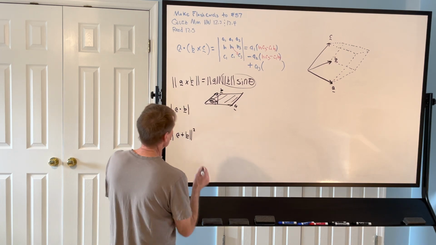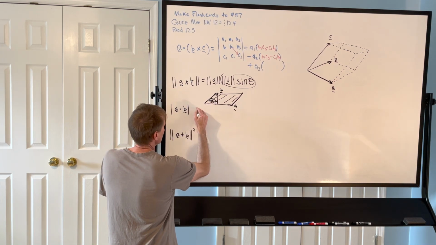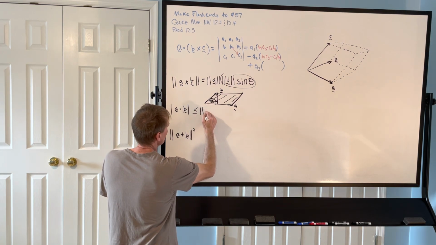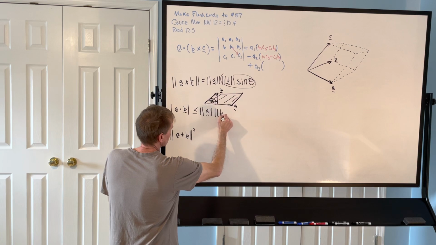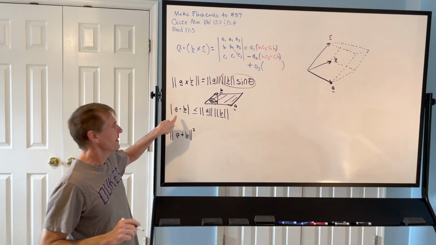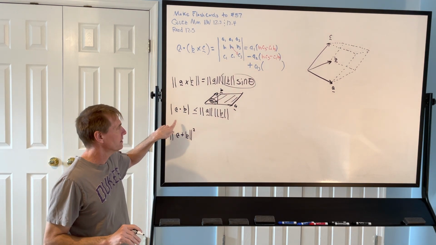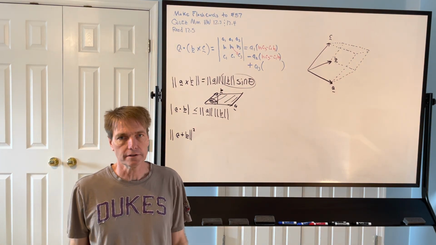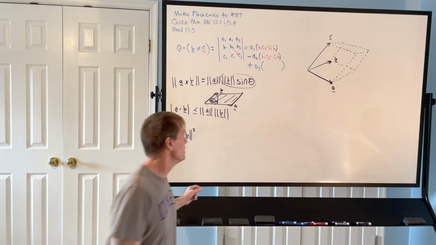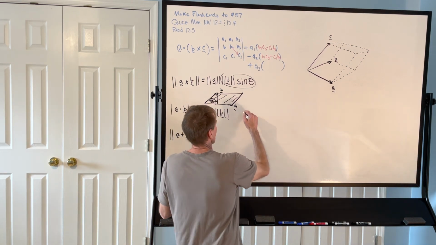We can show that the absolute value of A dot B is actually less than or equal to the norm of A times the norm of B. And this is a pretty easy result to get.